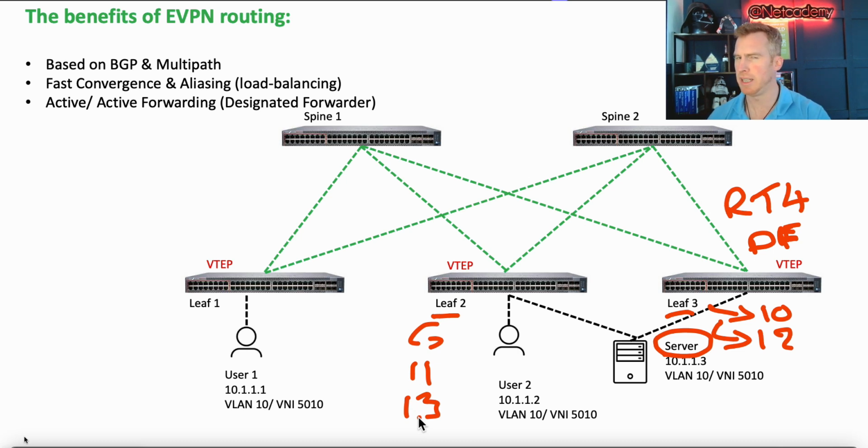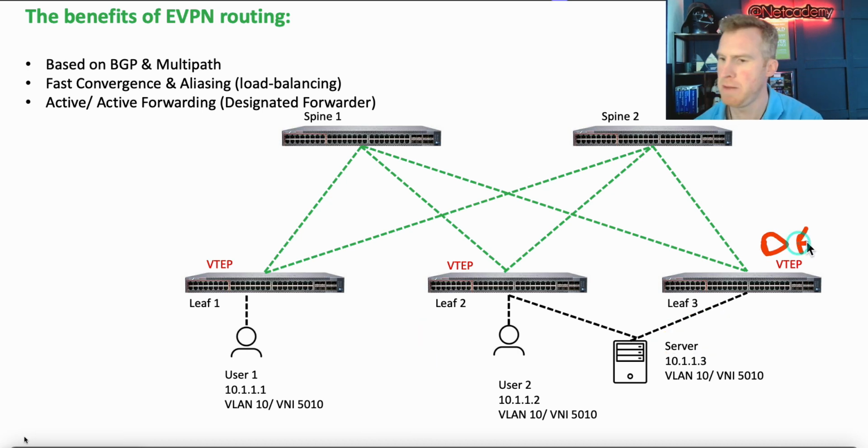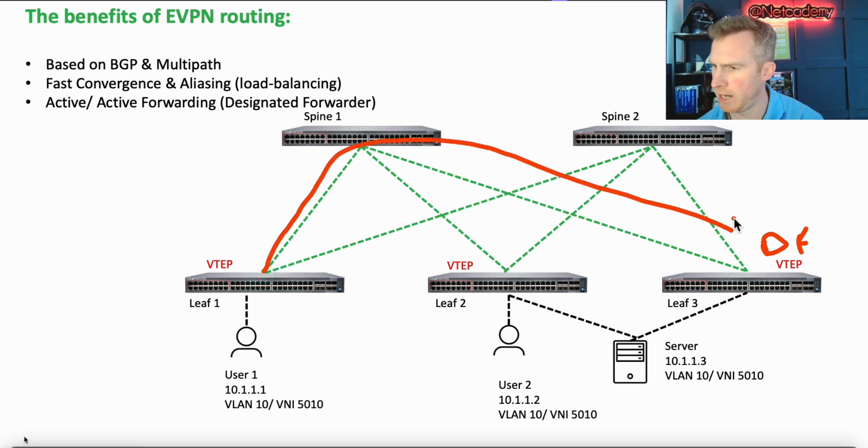You get the point. It's doing load balancing of traffic when it comes to BUM traffic. But the concept of the designated forwarder is that any BUM traffic that comes from a remote host has to go through the designated forwarder, and then the designated forwarder will forward that BUM traffic down to the destination itself.